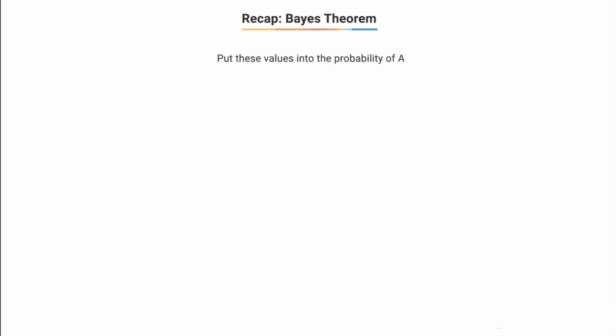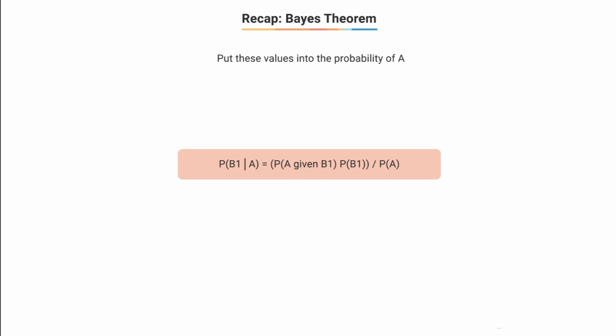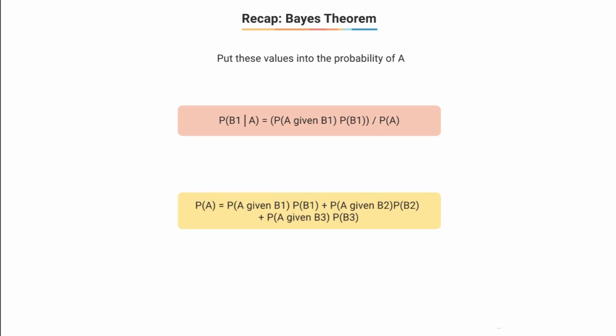Now, let us say we want to calculate probability of B1 given A. That is, probability of B1 given A equal to probability of A given B1 into probability of B1 divided by probability of A. And we know that probability of A equal to probability of A given B1 into probability of B1 plus probability of A given B2 into probability of B2 plus probability of A given B3 into probability of B3.